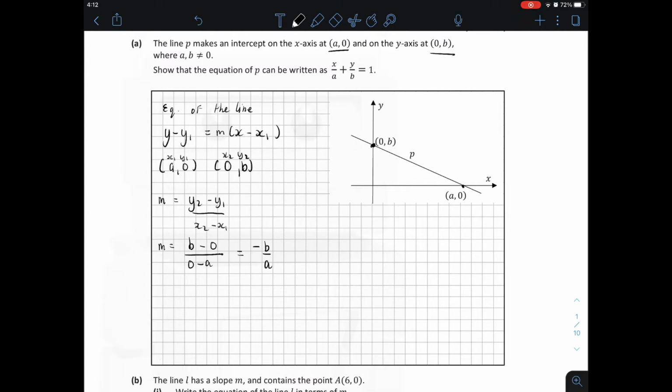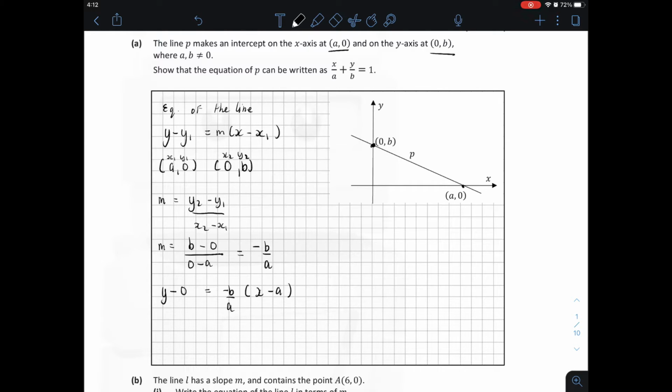Now I've found my slope and I have my point. I'm going to substitute these into my equation of the line formula. This gives me y minus 0 equals minus b over a times x minus a.